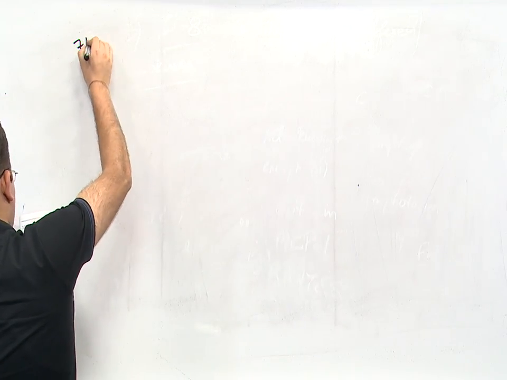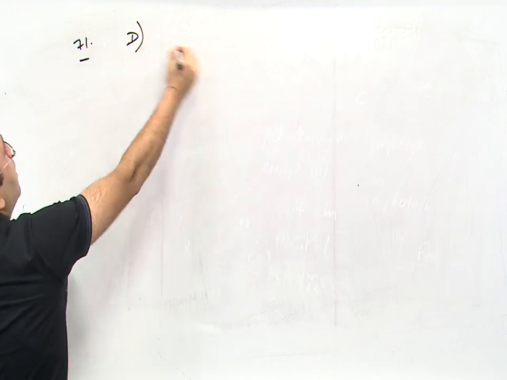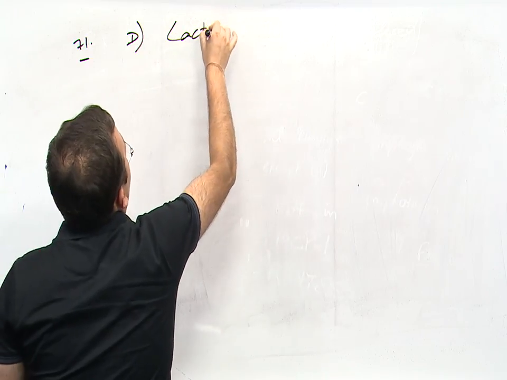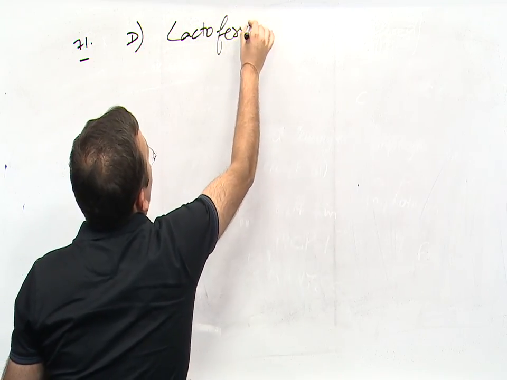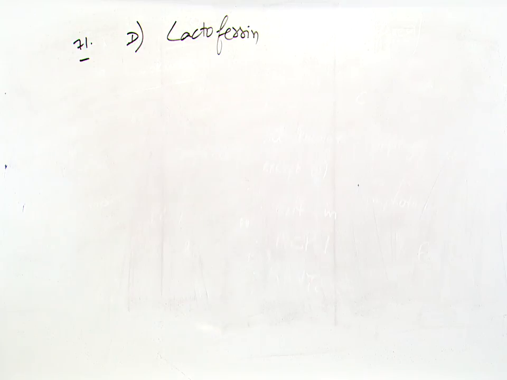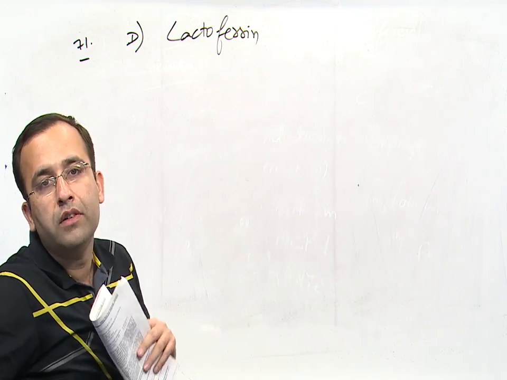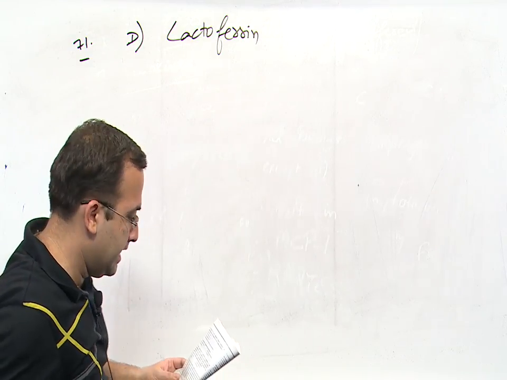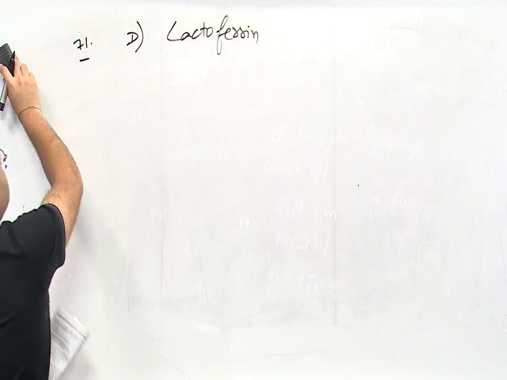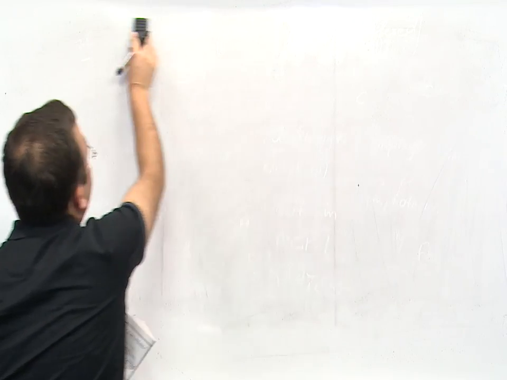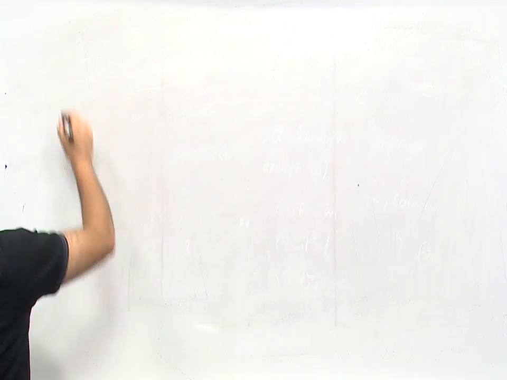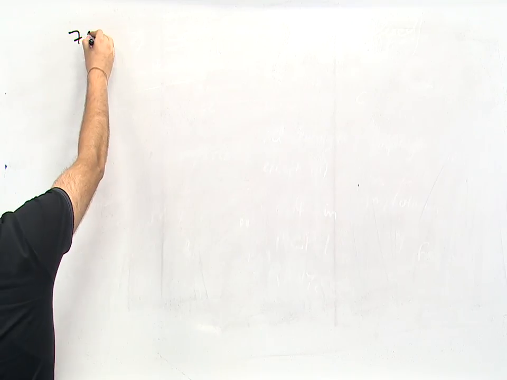Secondary granules of neutrophils are, this has to be remembered, it is a factual question, lactoferrin. I cannot help you with this, this has to be remembered. It is lactoferrin, it is a secondary granule, rest are the primary granules. Next, question 72.